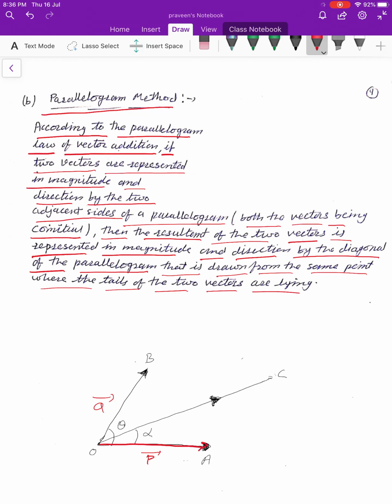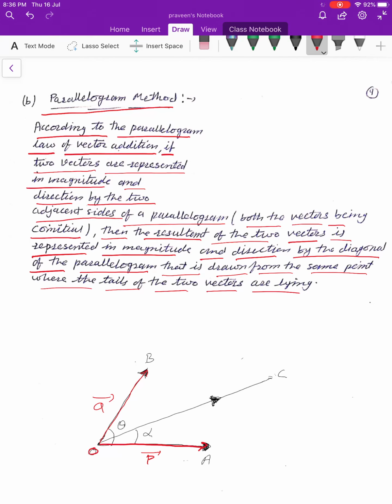Hence, the tails of both the vectors are kept at the same place, at point O.